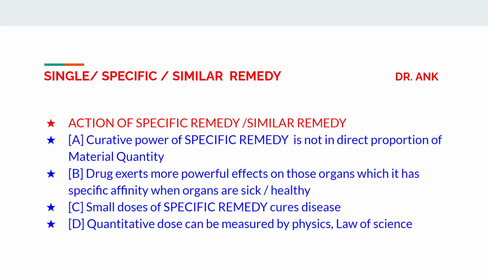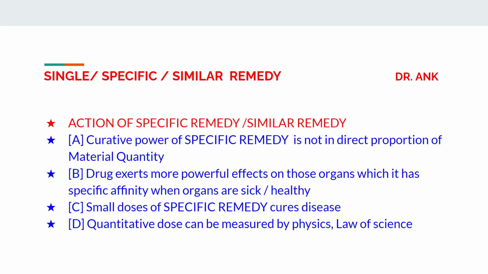So Dr. Hahnemann is now giving a single specific similar remedy. The action of the specific remedy or similar remedy: the first point is that the curative power of a specific remedy is not in direct proportion to material quantity. So the higher the similarity of the specific remedy, the higher is the dose, or what we call the potency of that remedy, that is given.